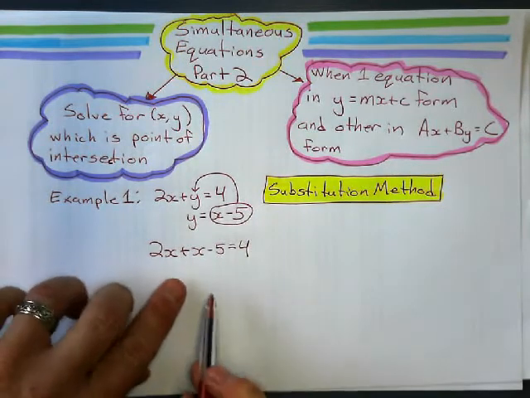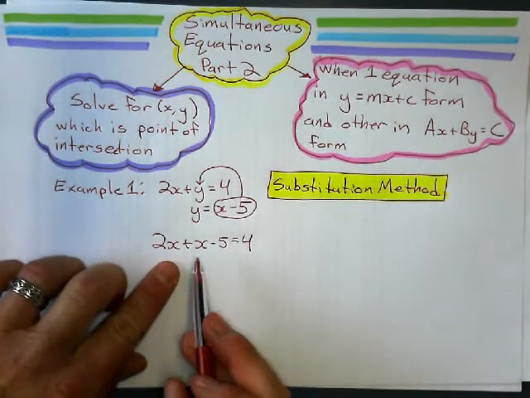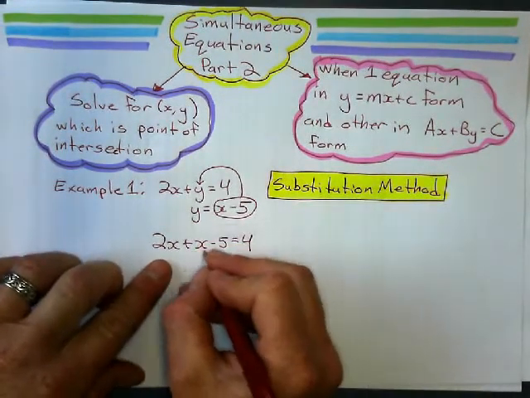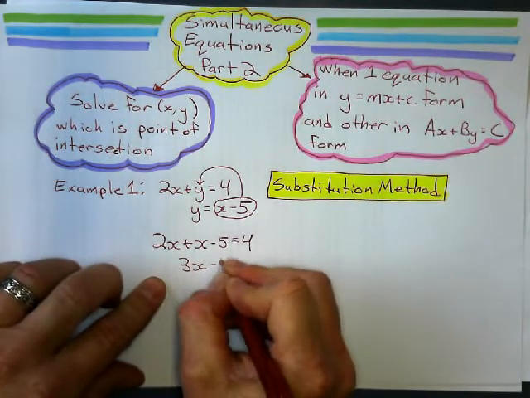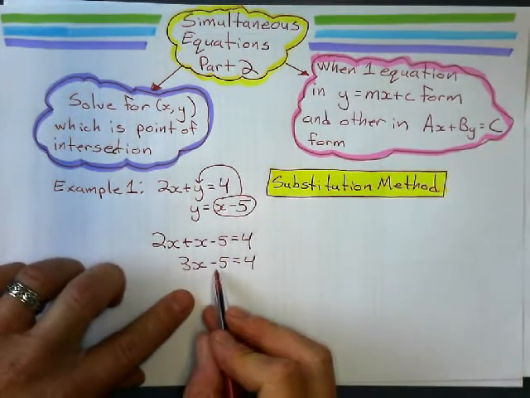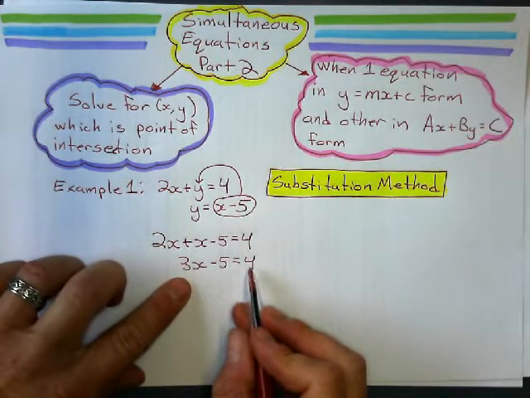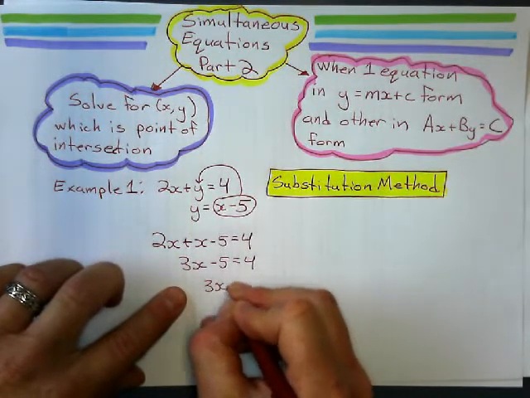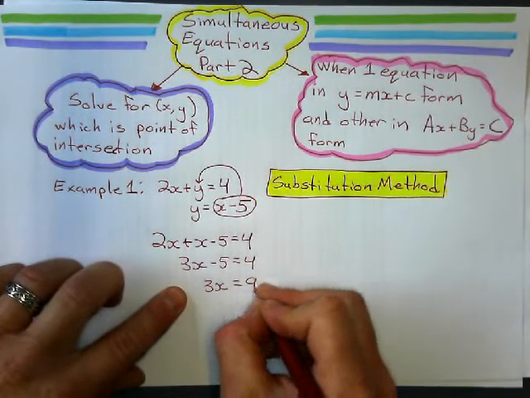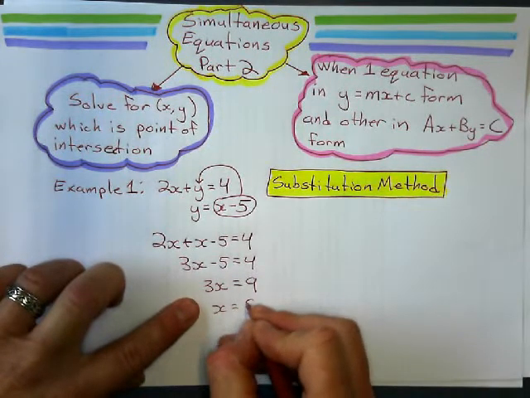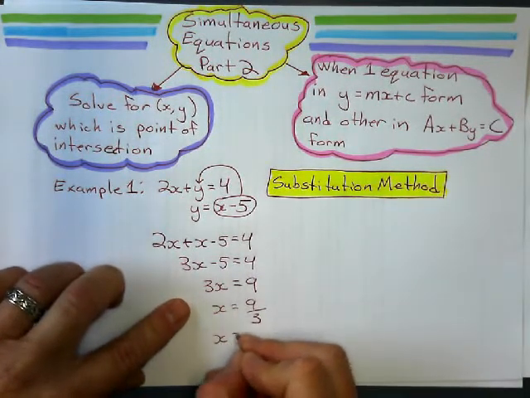And you can see that solving for x isn't too hard from here. 2x plus x is 3x, minus 5 equals 4. So I'm going to add 5 to that side and then divide by 3. 4 plus 5 is 9. And then x equals 9 divided by 3. x equals 3.